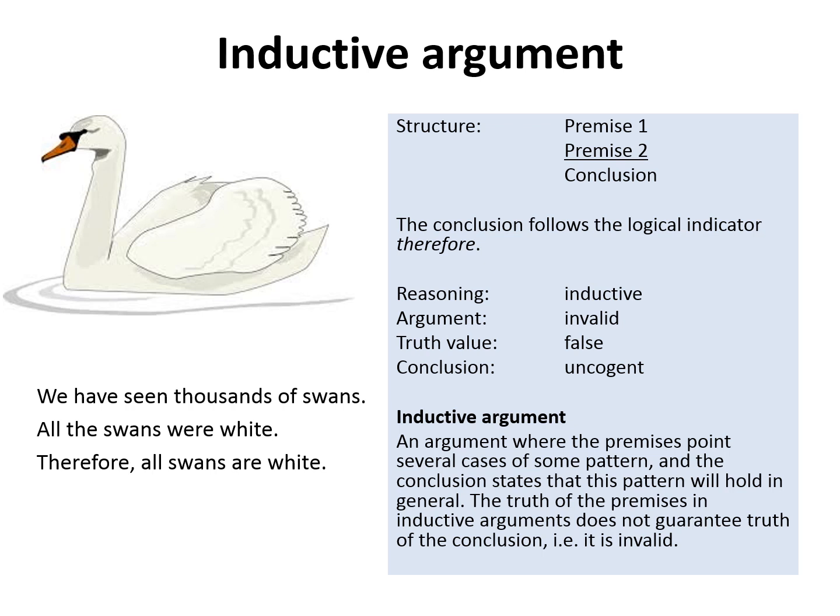However, because we know there are black swans, the evidence is not so strong, so it's uncogent. Here we see the inductive argument is an argument where the premises point to several cases of a pattern, and the conclusion says this pattern will hold in all cases. The truth of the premises in inductive arguments doesn't guarantee the truth of the conclusion.